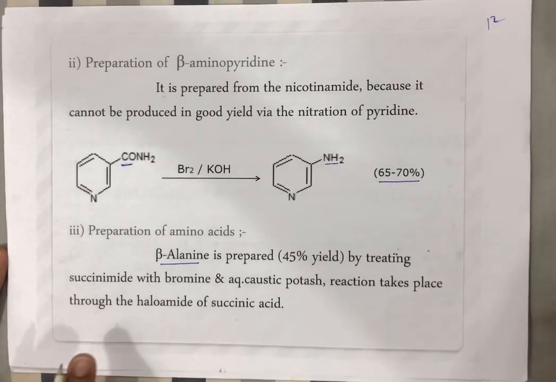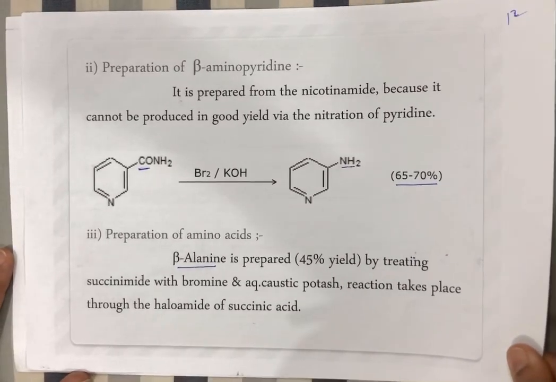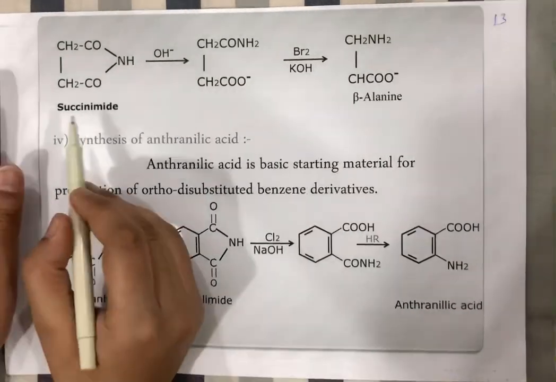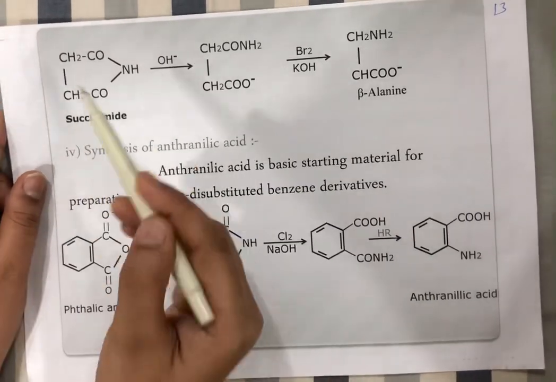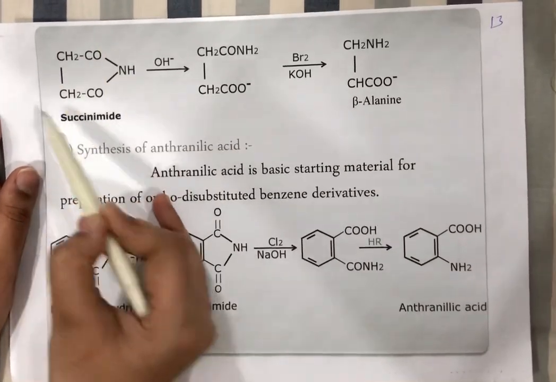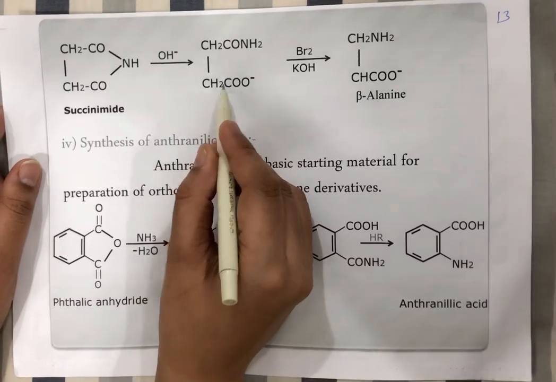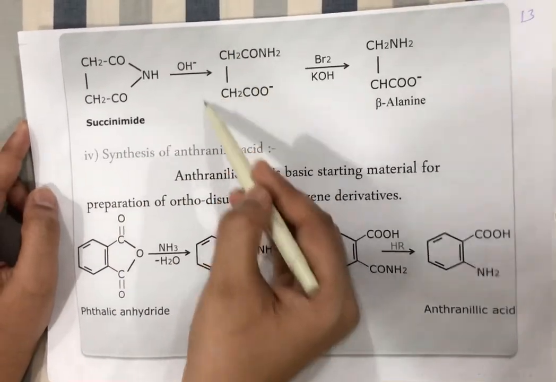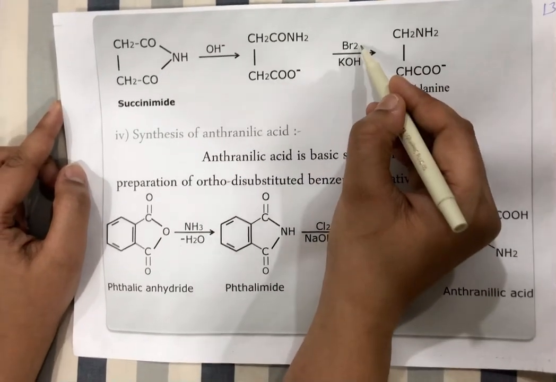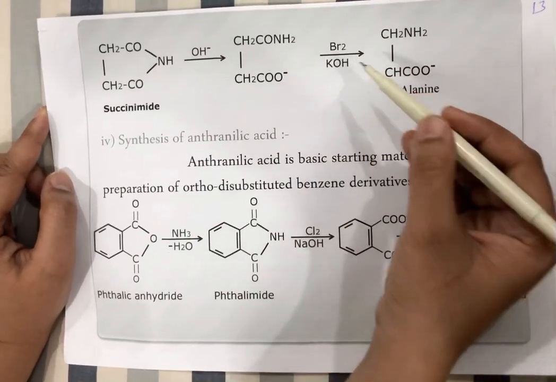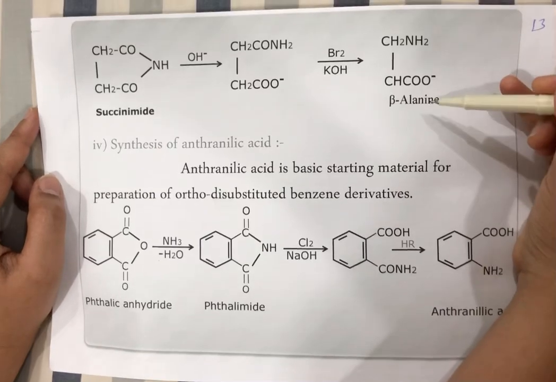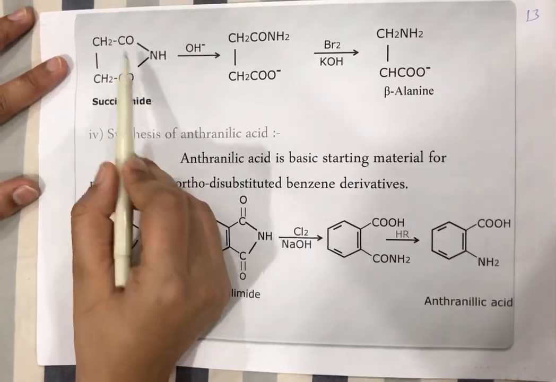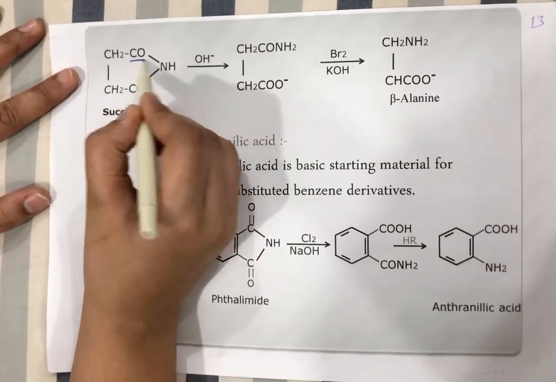The reaction takes place through the haloamide of succinic acid. Succinic acid converts into this intermediate in the presence of alkali. When this intermediate reacts with bromine water in the presence of potassium hydroxide, it converts into beta alanine. You can see here the C double bond O group is removed.